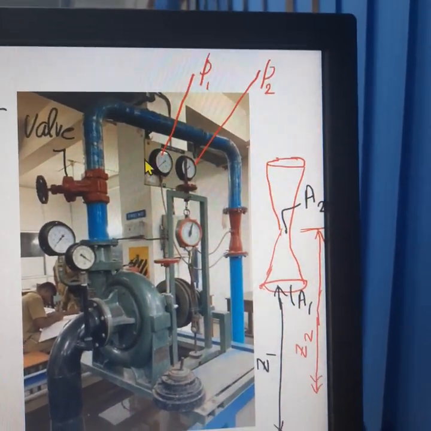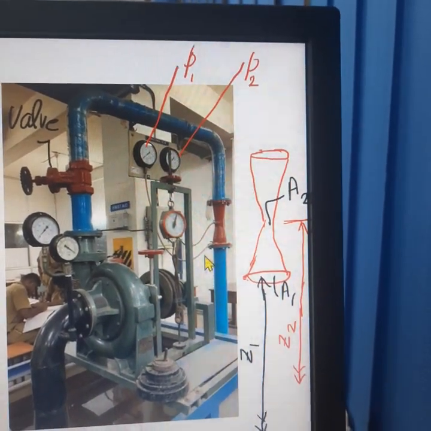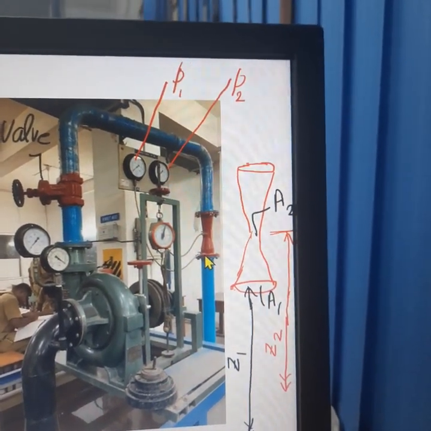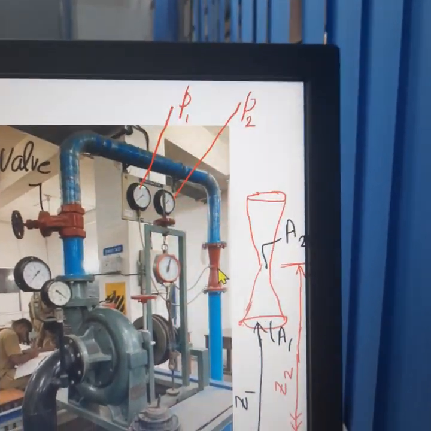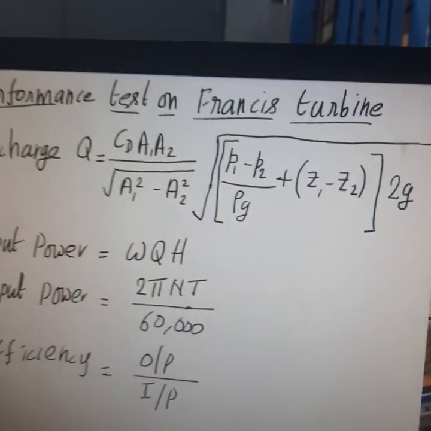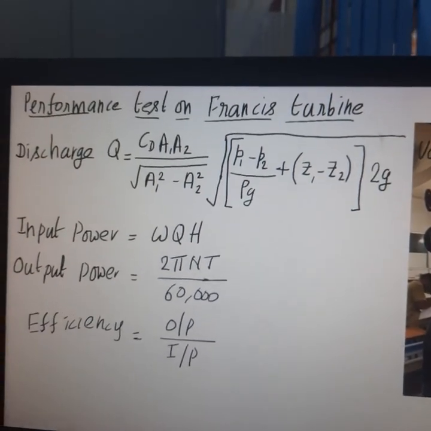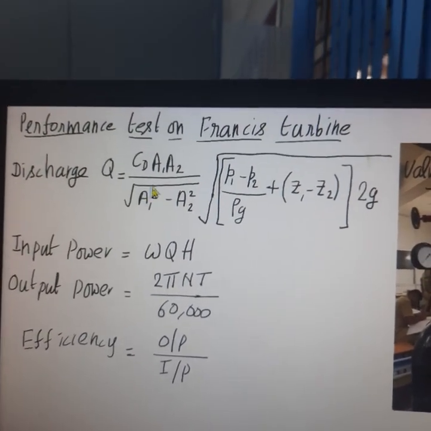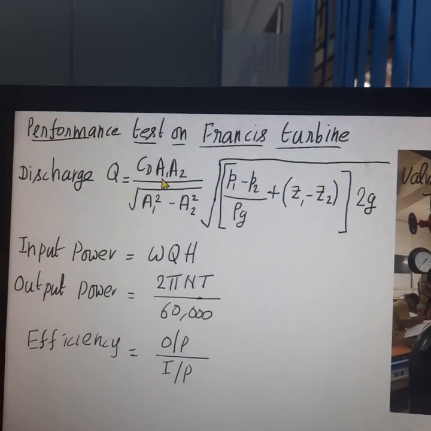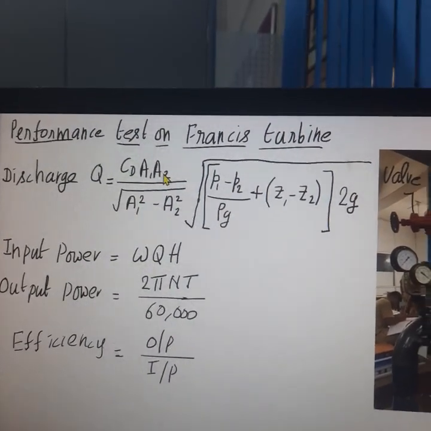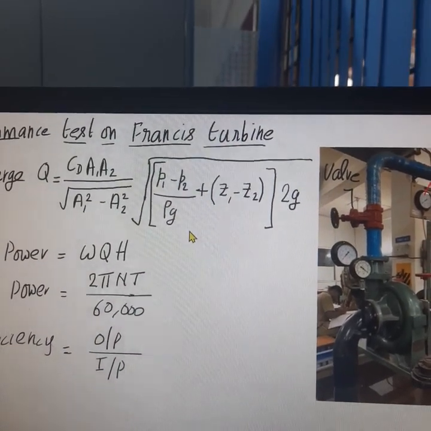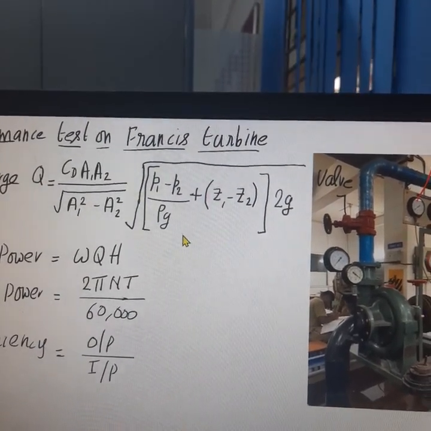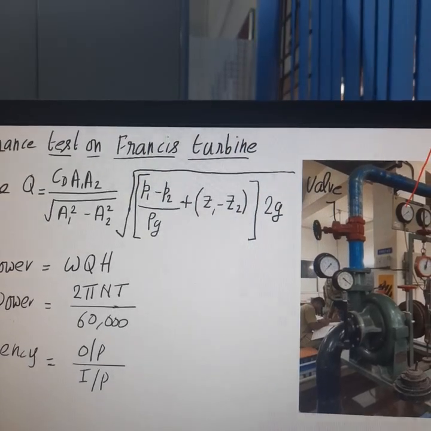These two pressure gauges are recording the pressure of water entering the venturimeter and the pressure of water at the throat of the venturimeter. The formula to be used here is written here. A1, A2 are the areas of the venturimeter at the entry and at the throat, and P1, P2 are the pressure gauge readings that record the pressure of water at the entry to the venturimeter and at the throat of the venturimeter.